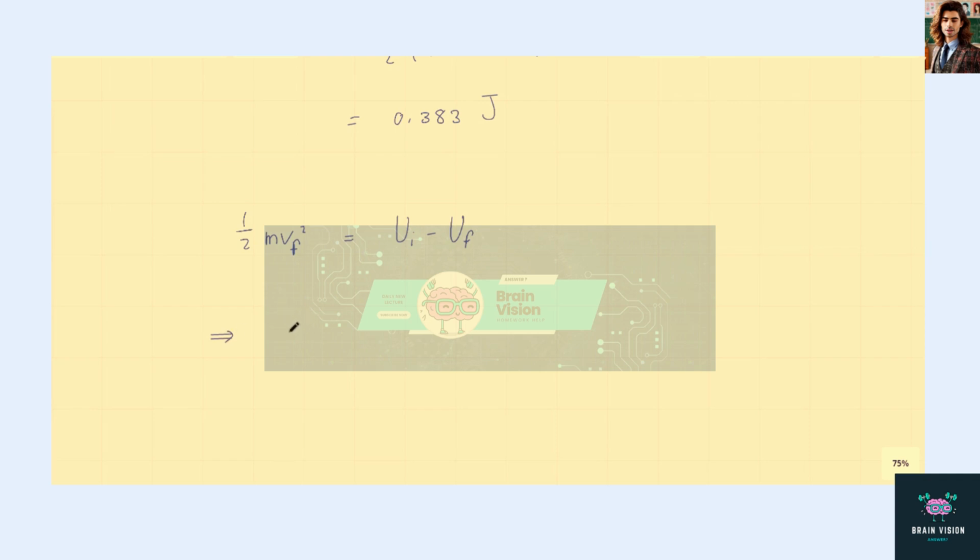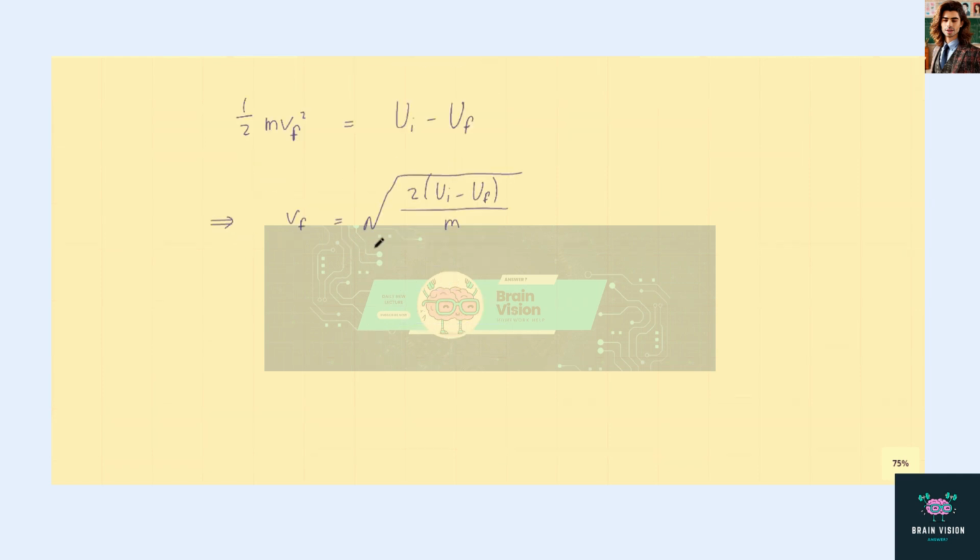So therefore, the speed that we're looking for, vf, is equal to the square root of 2 times ui minus uf all over the mass of the block m. And now we can put our values into this and solve for this speed.